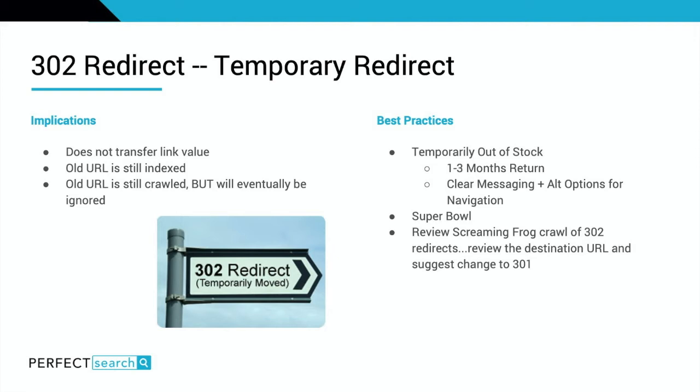And then finally, another best practice is to make sure that you're reviewing your 302 redirects on an ongoing basis, and seeing if there's any that could be permanently changed to a 301 redirect if necessary.